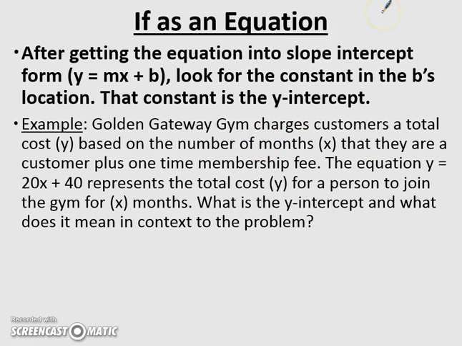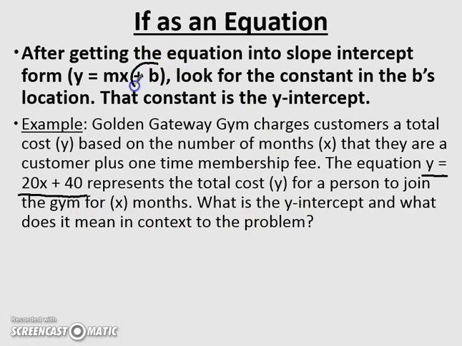So it says, example, Golden Gateway Gym charges customers a total cost, y, based on the number of months, x, that they are a customer, plus a one-time membership fee. The equation is y equals 20x plus 40. This represents the total cost, y, for a person to join the gym for x months. So what is the y-intercept and what does it mean in context of the problem?